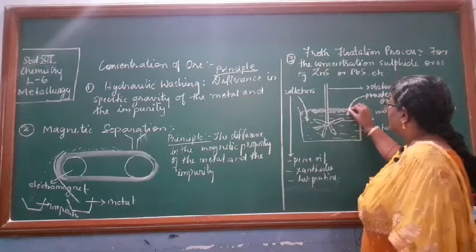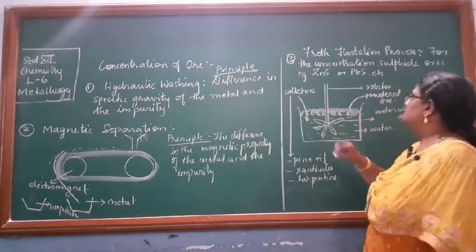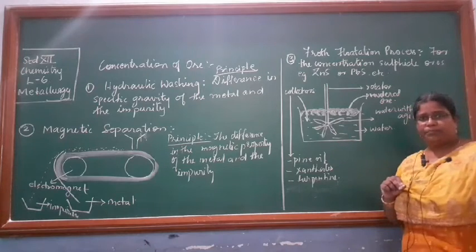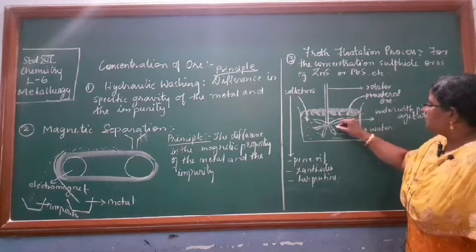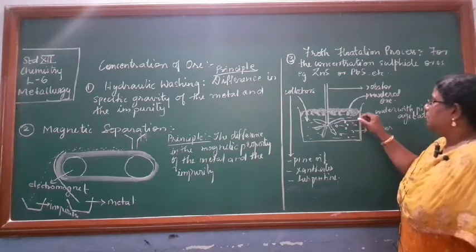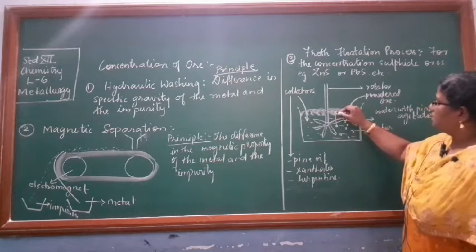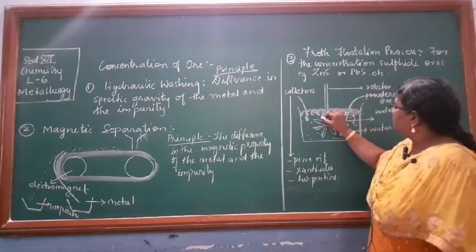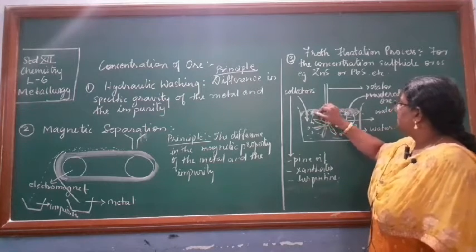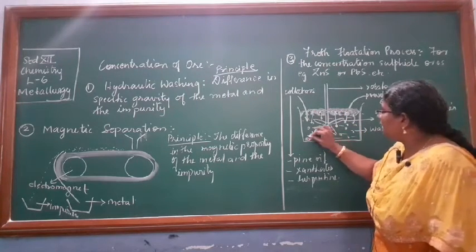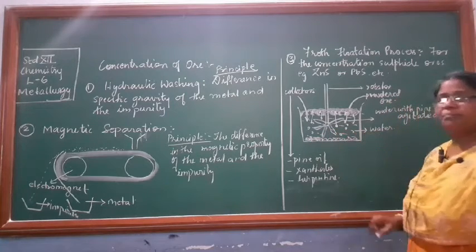Froth means jhaag, and being lighter, it will be formed on the surface of the tank. The ore particles which you have added, the ore particles in the powdered form, will stick to this froth, while the mud, sand and all will get collected at the bottom.